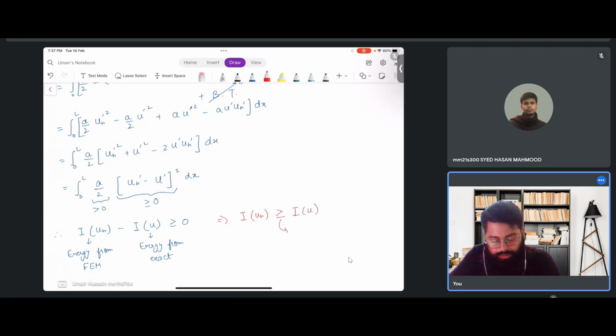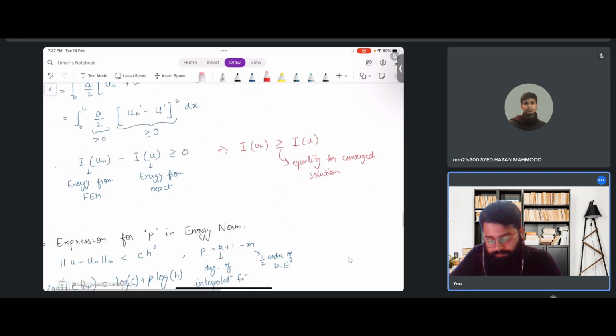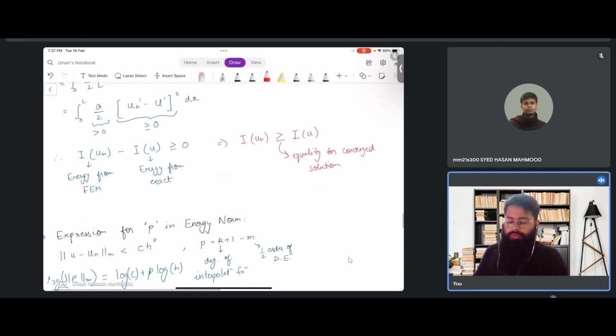So equality comes in for a converged solution. So this is the proof that FEM always over predicts the energy of the system.